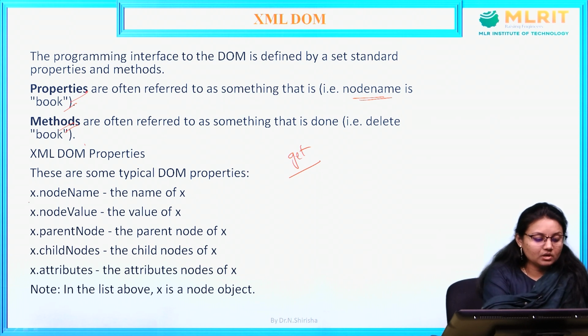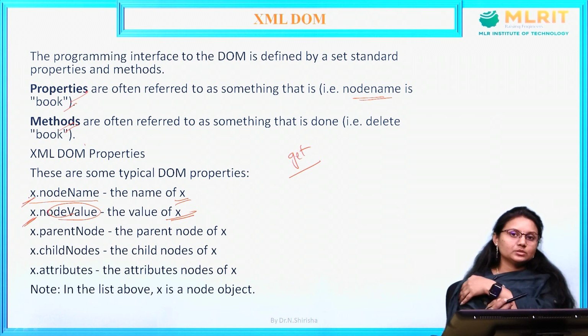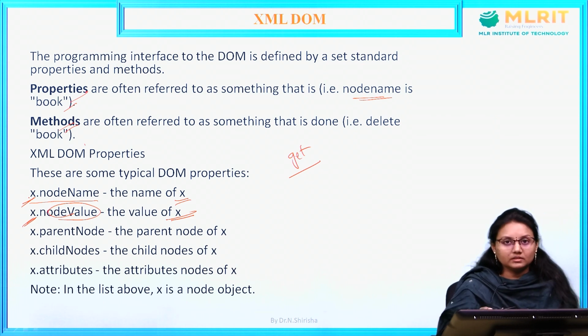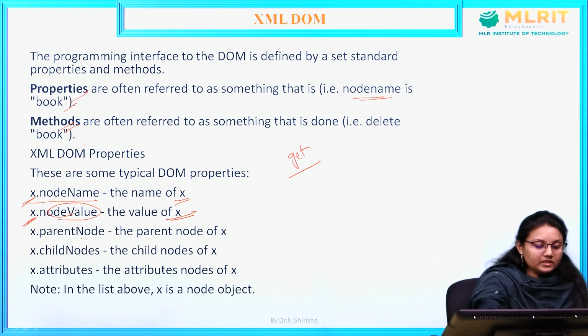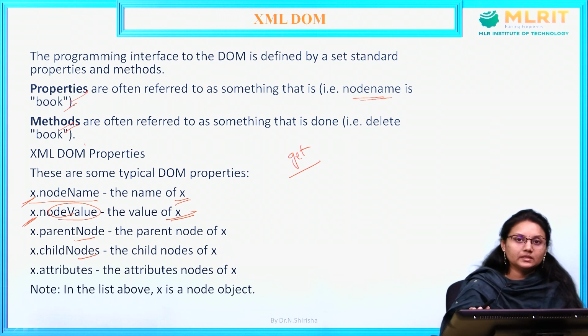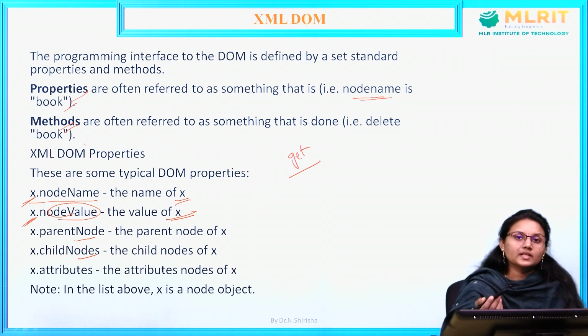So x dot node name, that is the name of your x, and node value means the value of your x. X is nothing but what type of element it is, whether it is a tag, what is the tag, title, author, year, like that. Now, parent node, child node also you can give. If you are taking a title, what is the parent node for title? That will become book, okay, bookstore.